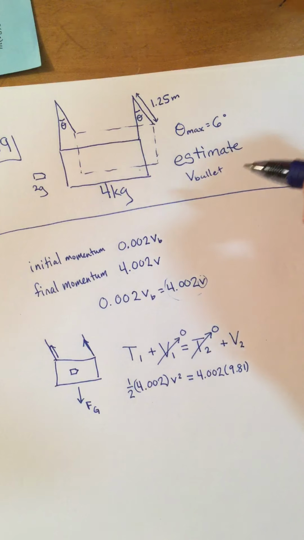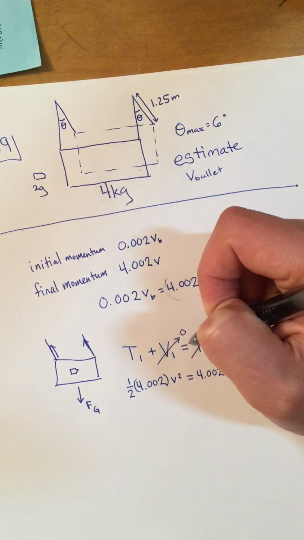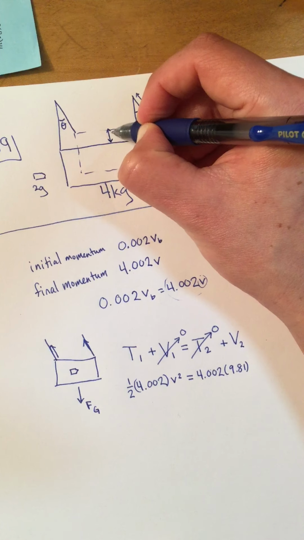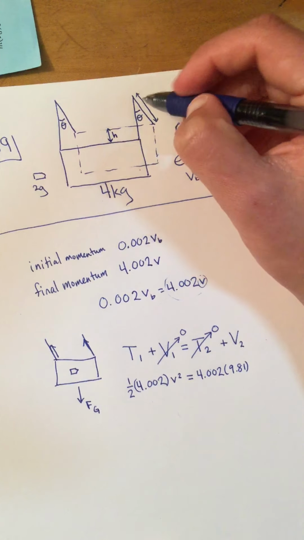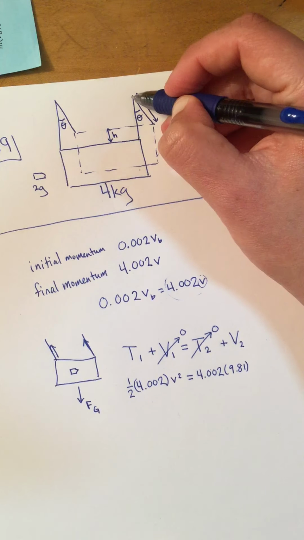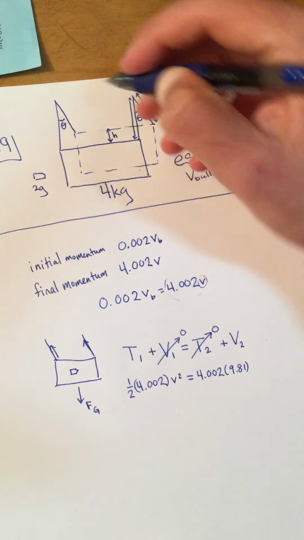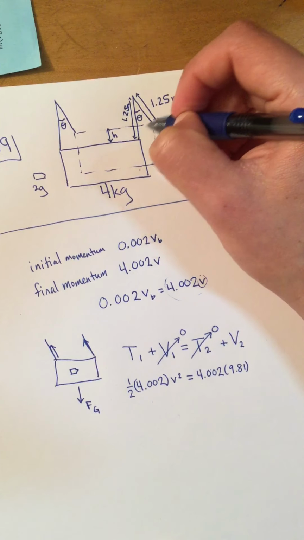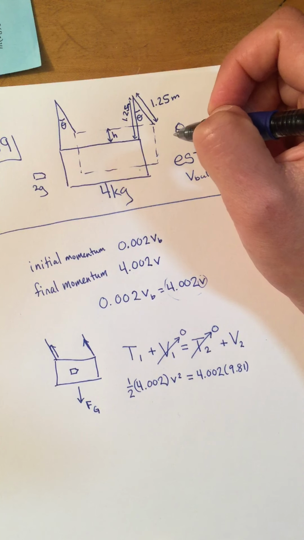So the height that I have, if I say the initial gravitational potential energy is 0, the height that I want is the difference that I have here. The rope's staying the same length, so from here to here is also 1.25 meters. So I want the difference that I have here.